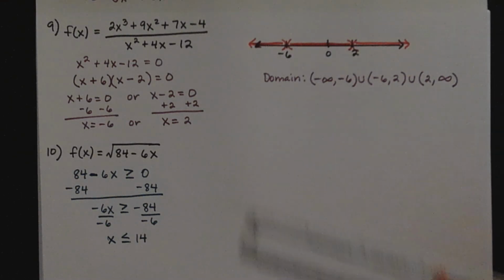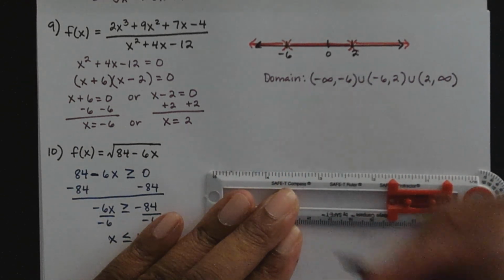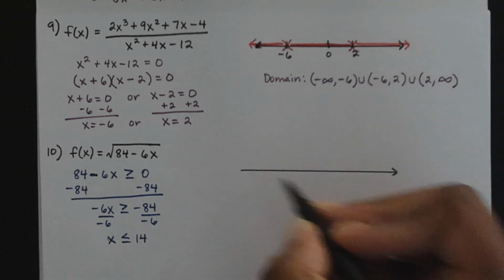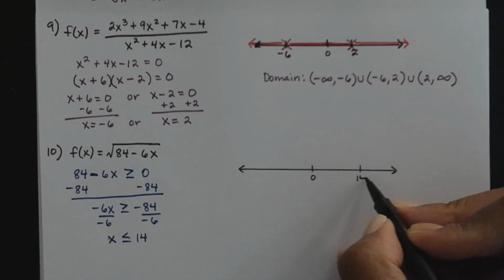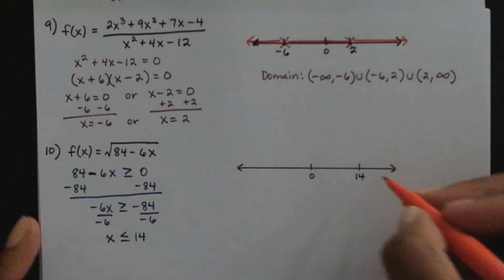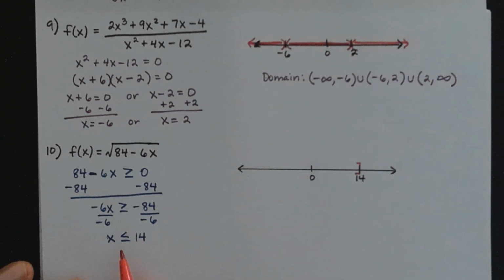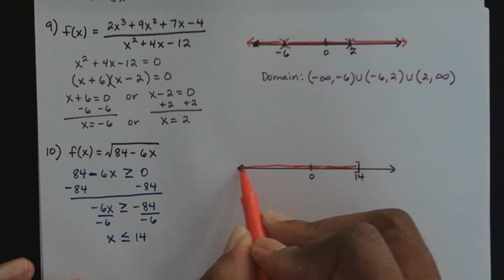But let's say interval notation, because on your exam you will be required to give your solution set for the domain in interval notation. Okay. Now for 14, do I need a bracket or parentheses? Bracket. And it says less than, so I know I need a right parenthesis. That less than or equal to symbol points to the left. That means we shade everything to the left of 14.